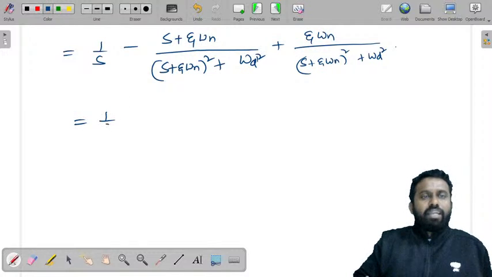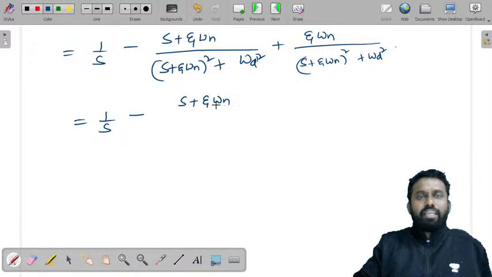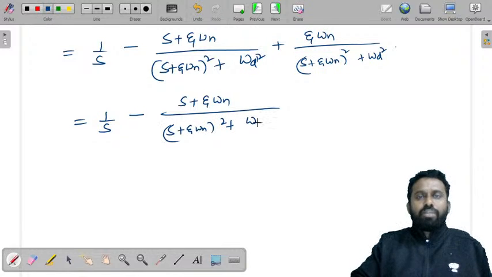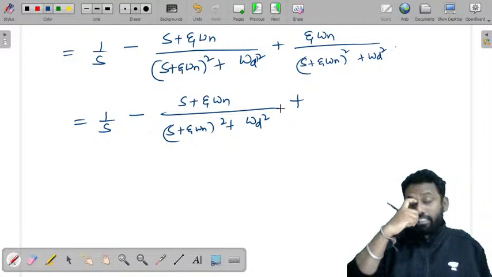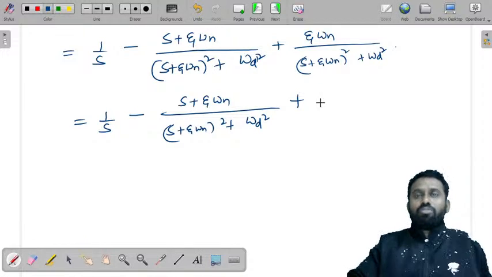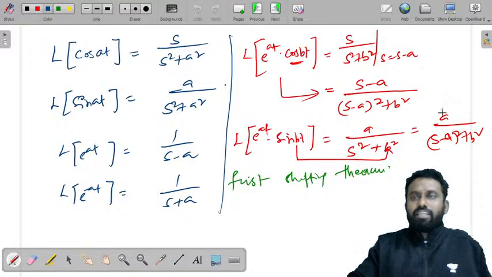Now this is 1 by s minus, how is this? This is (s plus a) by (s plus a) whole square plus b square, plus zeta omega n by (s plus zeta omega n) whole square. You need to have something like this. Listen, this is b by (s plus a) whole square plus b square.